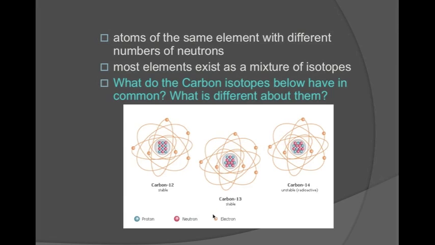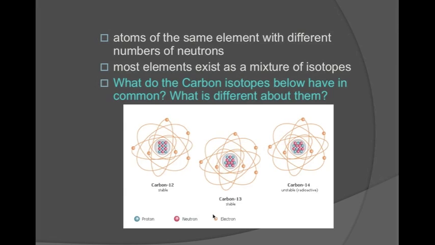But when we move to carbon-13, we see that we have 6 protons still, because it's still carbon, but we have 7 neutrons because we've increased the mass, and in carbon-14 we have obviously 6 protons because it doesn't change, and we have 8 neutrons.